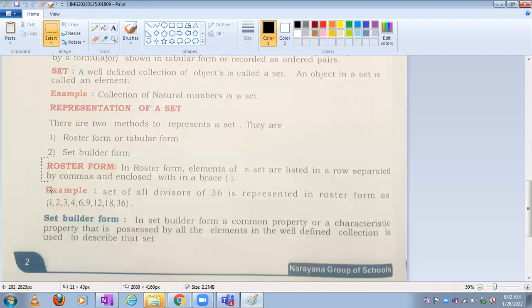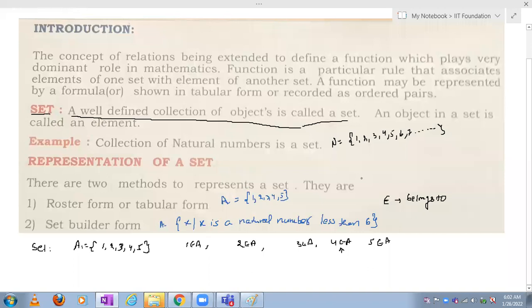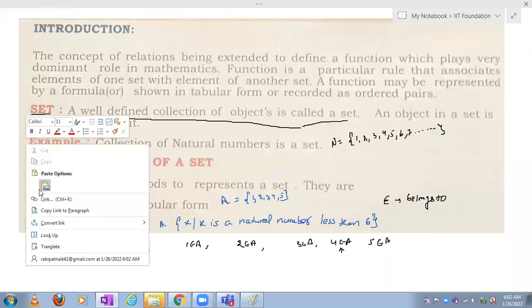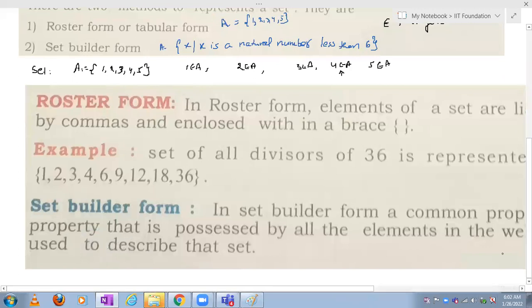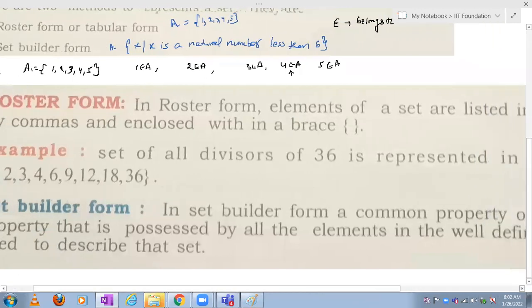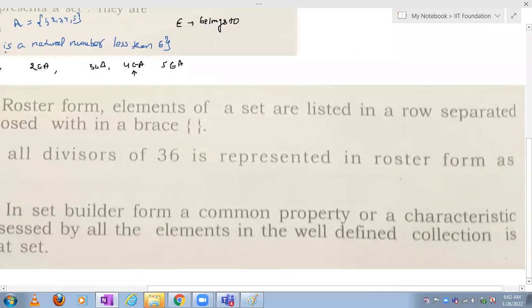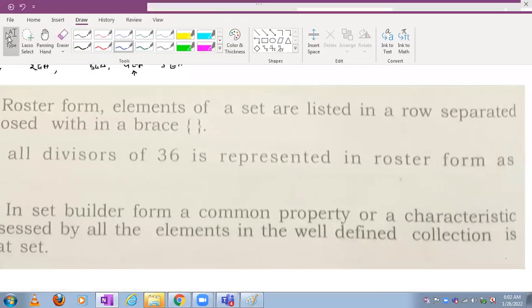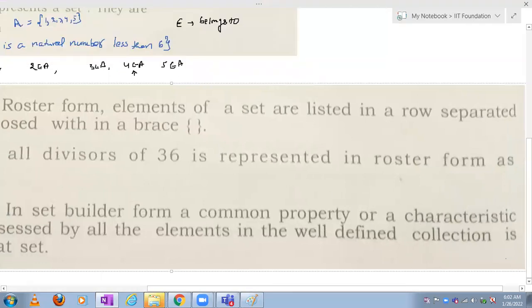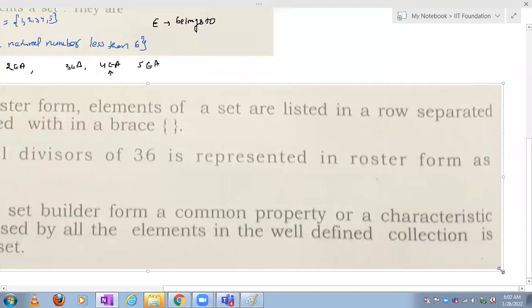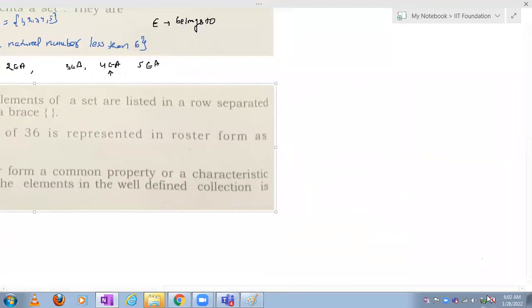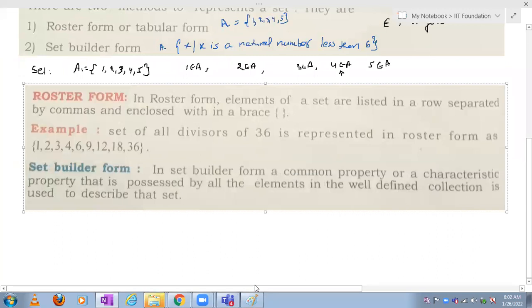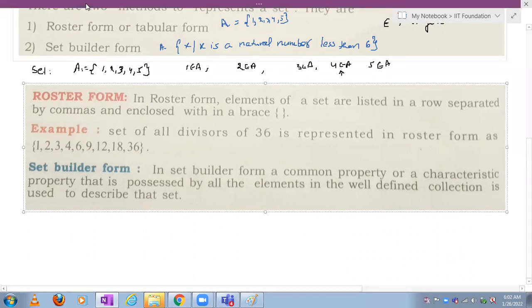The next concept is roster form. He gave one example; let's follow his example first. Roster form means how to write a set in roster form generally.